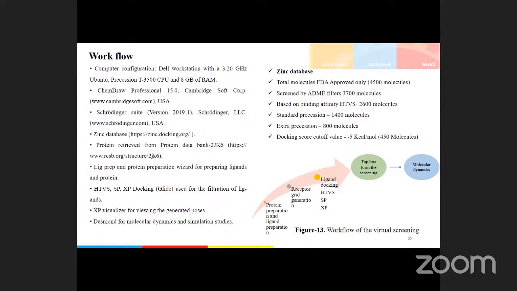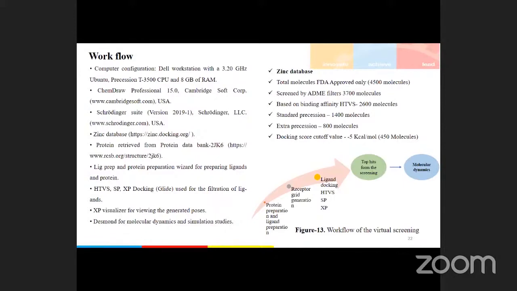One is resolution; around 2 Å resolution is advisable. The second is the IC50 value of the co-crystallized ligand present in this protein. The third is the R-free value as well as the B-factor. So these 4 are the selection criteria, and based upon that we have chosen 2JK6.